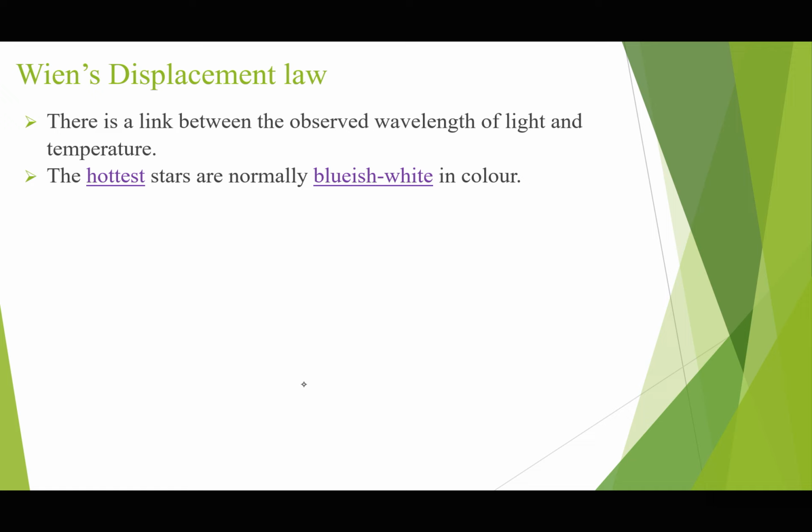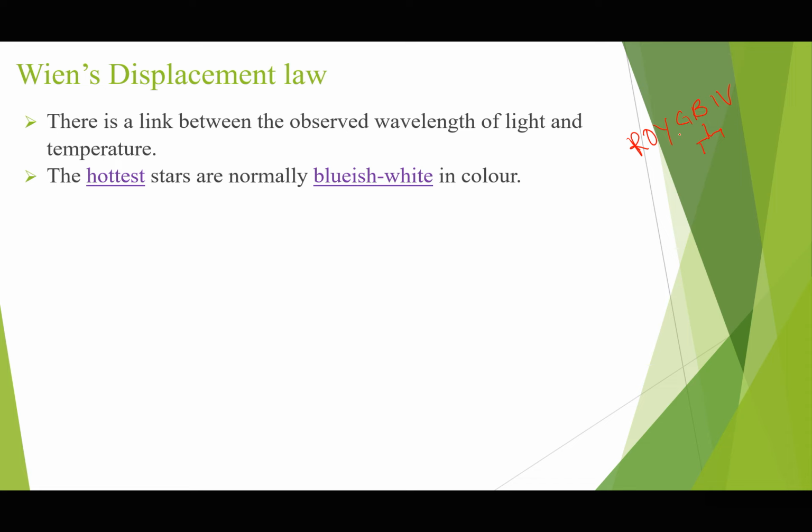If the hottest stars are bluish in color, you will remind yourselves of the visible spectrum, which ranges from Richard of York gave battle in vain. So we are saying the hottest stars are bluish white in color.